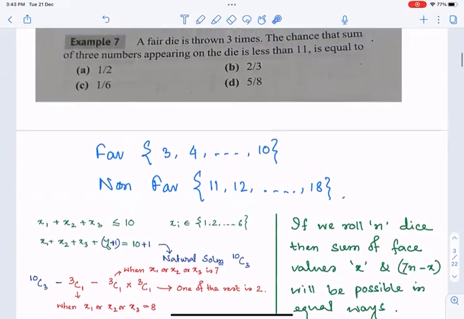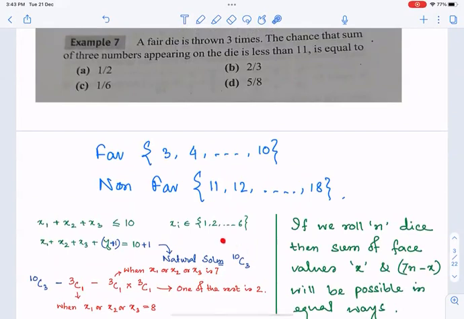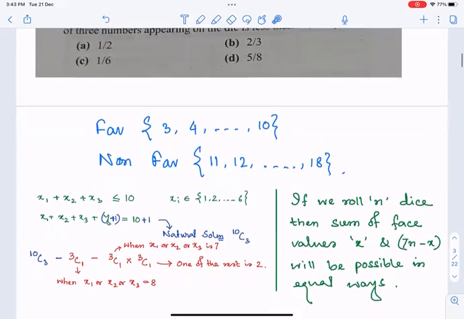That makes the question much easier to address, because it does not matter how you are calculating the favorable ways, whether it is forming an equation or using binomial, like adding x to the power 1 plus x square plus x cube up to x to the power 6, multiplied thrice, means whole cube of that. From there, if we try to sum the coefficients of the powers of x not exceeding 10, that will also give us the same value.